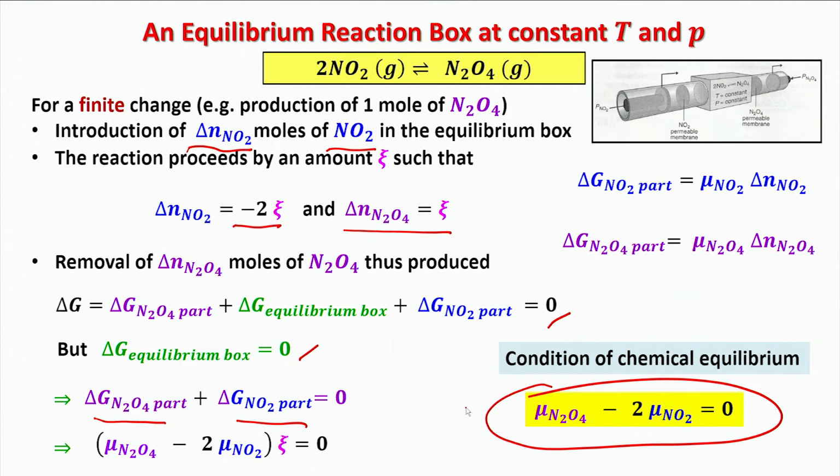And therefore, the point that I would like to emphasize here is that irrespective of whether you are disturbing the equilibrium reaction box at a constant temperature, irrespective of whether it is a finite or an infinitesimal perturbation, the condition of chemical equilibrium depends on the mu values of N2O4 and NO2, and also on the stoichiometric coefficients of these two species in their balanced chemical equation.